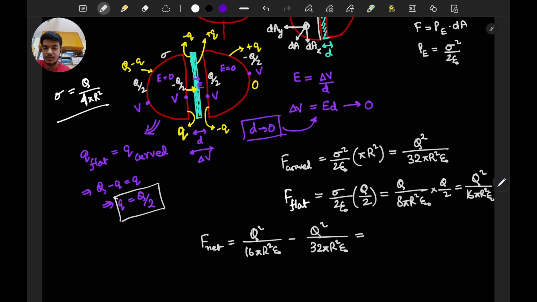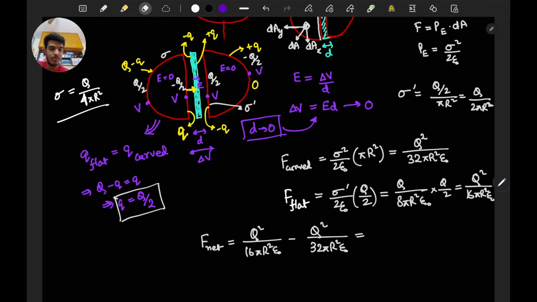This is my sigma dash, which I am talking about for the flat surface, right? I'm not talking about the two capacitor plates. So this is sigma dash, the charge density at the flat surface. Sigma dash is q by 2 by pi r square, so it is q by 2 pi r square.